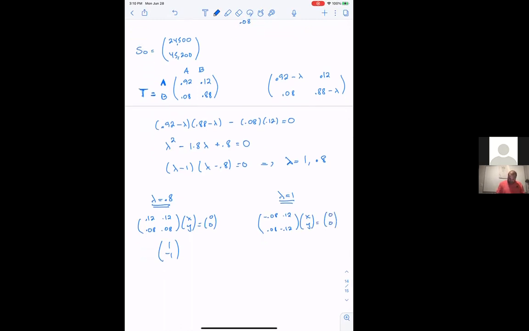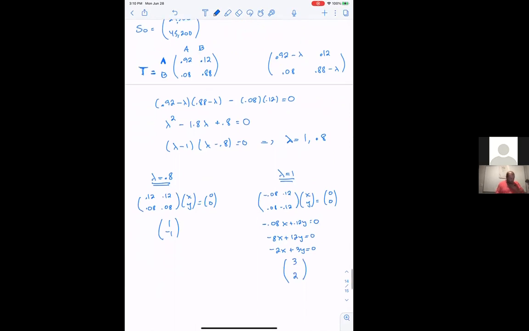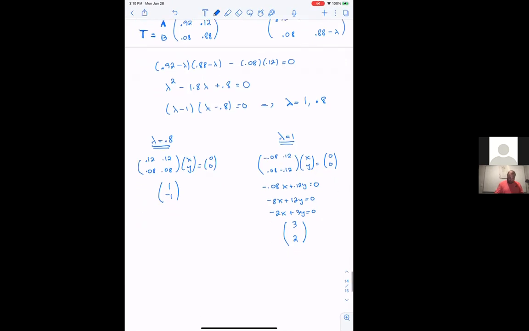This one is not immediate, but negative 0.08x plus 0.12y is equal to 0. Multiply both by 100: negative 8x plus 12y is equal to 0. Divide by 4: negative 2x plus 3y is equal to 0. So I get 3, 2. So one is 1, negative 1, and the other one is 3, 2.